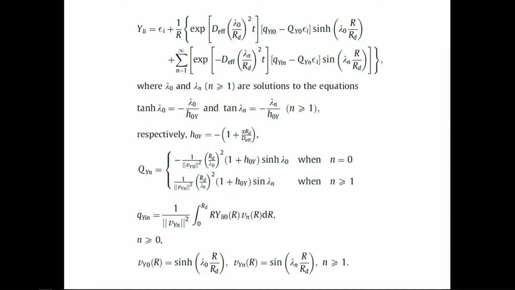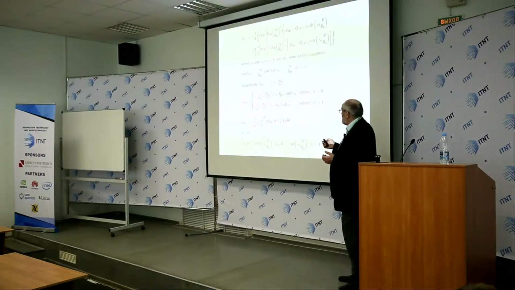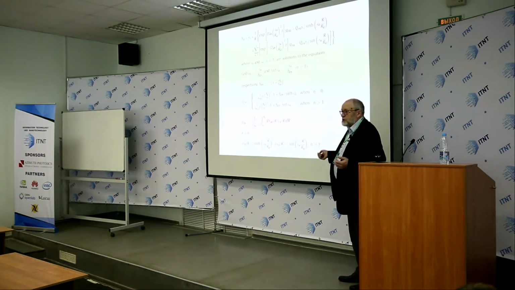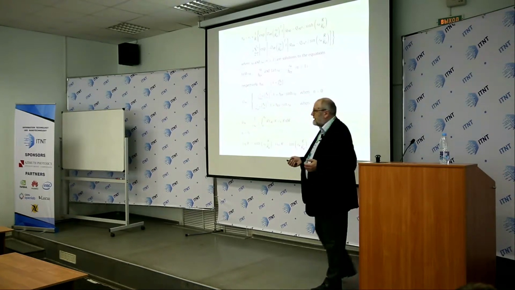This equation can be solved numerically, and this was done in several papers. But in our case, it was solved analytically, and this is the analytical solution to this equation. I'm not going to show the details because it would be a bit irrelevant for the main message of my presentation.